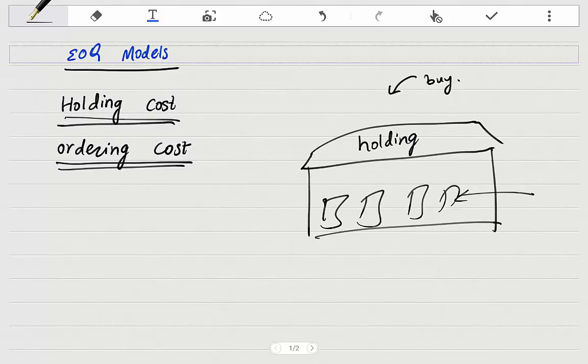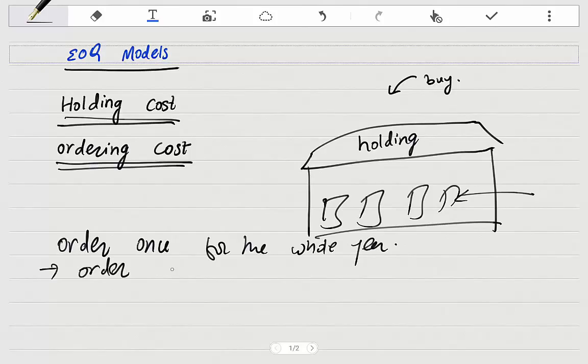If you order just once, or just a few times, and hold it all, then you have a lower ordering cost, right? If you order just once for the whole year, then your ordering cost will be less.